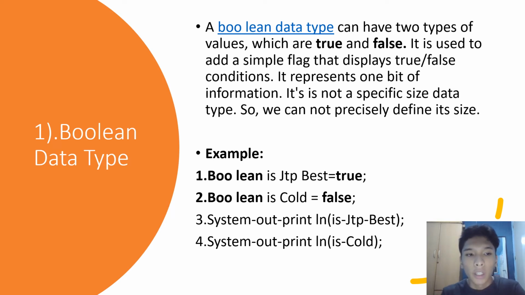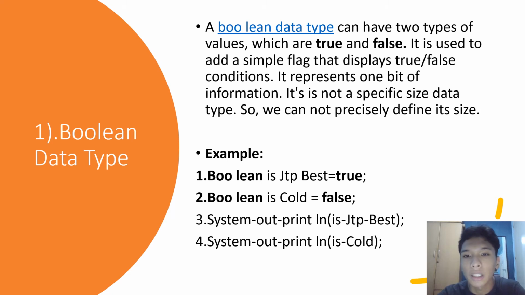What is the boolean data type? A boolean data type can have two types of values, which are true and false. It is used to add a simple flag that tracks true/false conditions. It represents one bit of information.